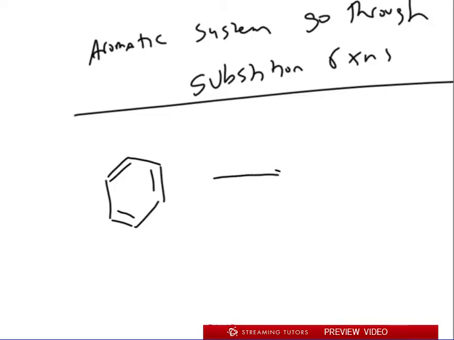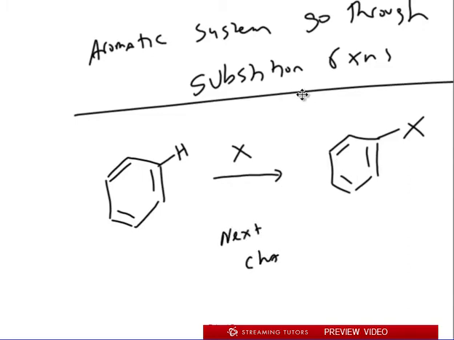So if I have, let's say, X, we don't care what X is, we can remove an H and put an X in its place. So that is fine. That we can do. So we can swap something out for another piece. And that's substitution. Now, this is the next chapter. So the next chapter is all about this reaction.